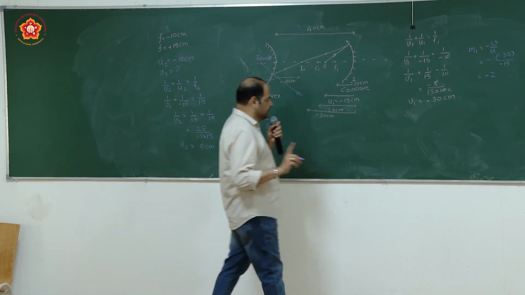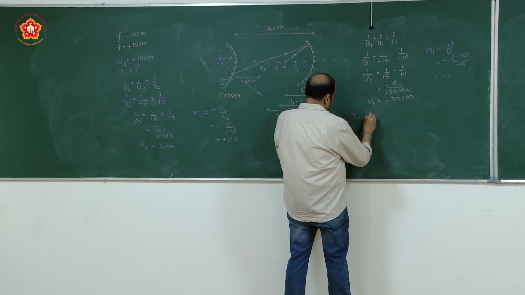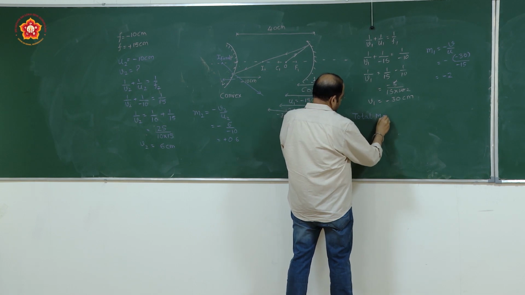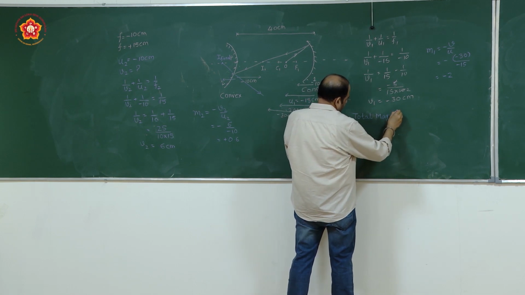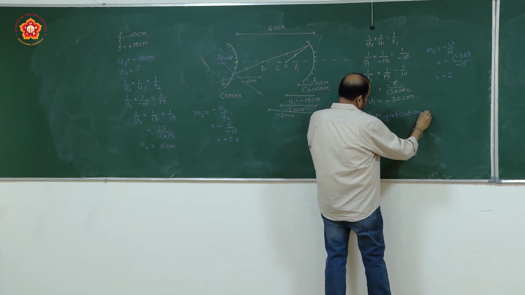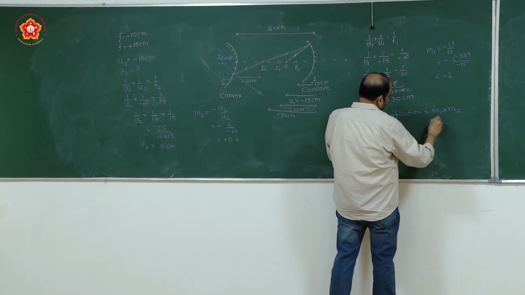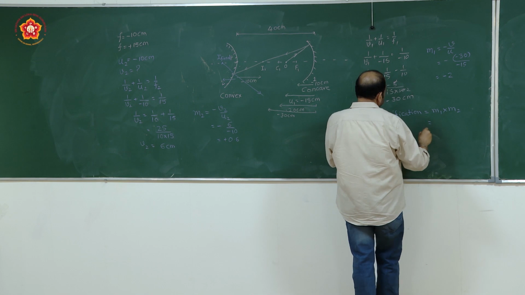So यहाँ पर आपको note करना है total magnification is equal to M1 multiplied by M2. This is a new formula. We have not got this into the list.